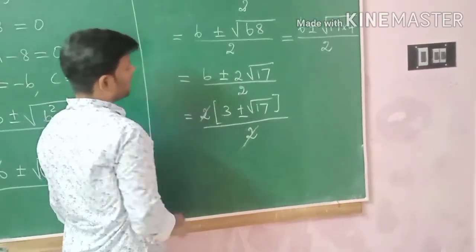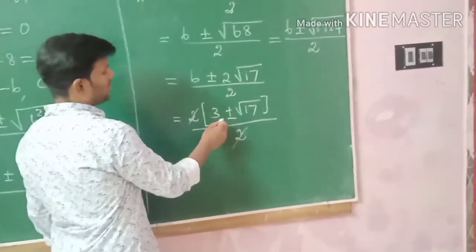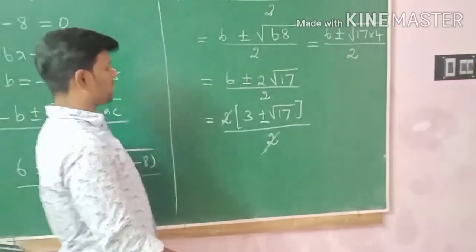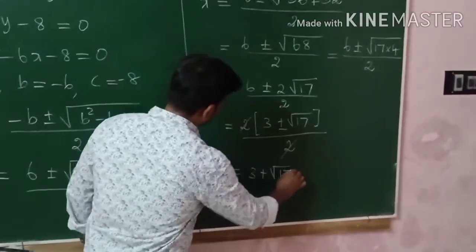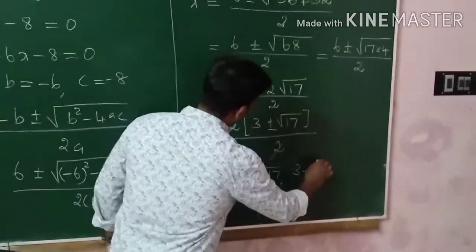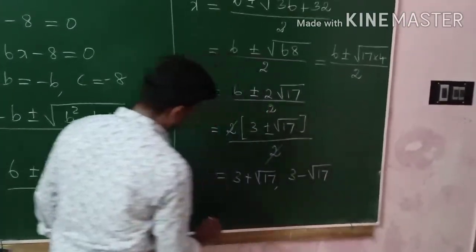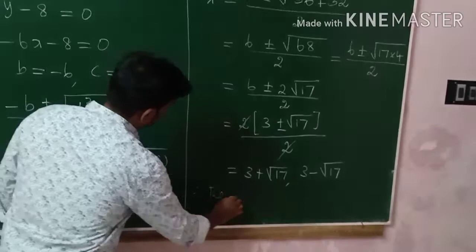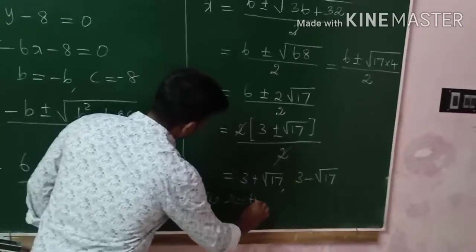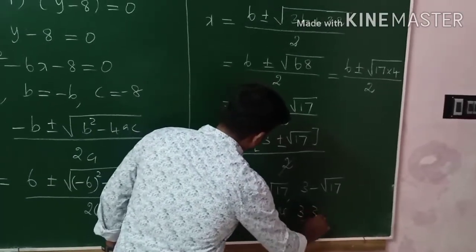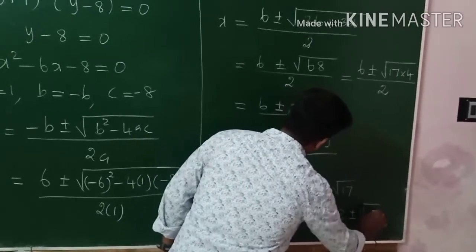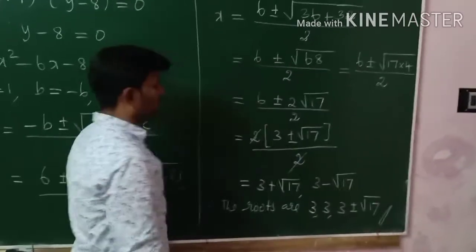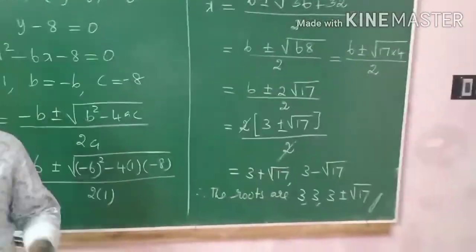So 2 will be cancelled, so remaining is what? 3 plus or minus square root of 17, that is 3 plus square root of 17 and 3 minus square root of 17. Therefore, the roots are 3 plus or minus square root of 17. So these are our 4 roots.